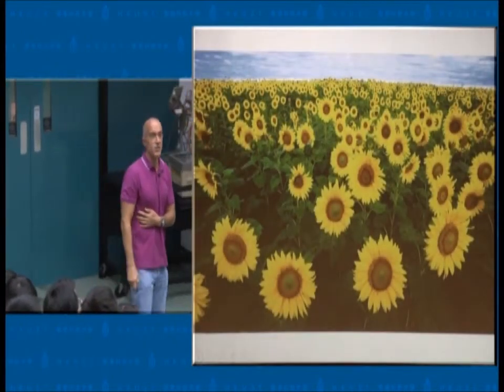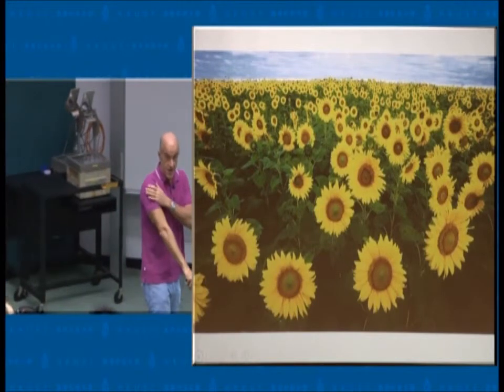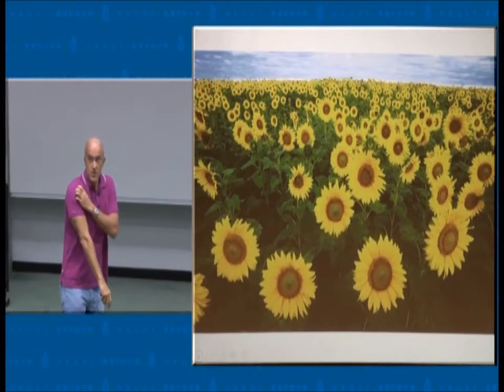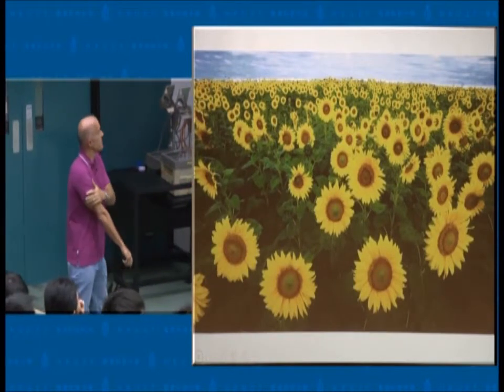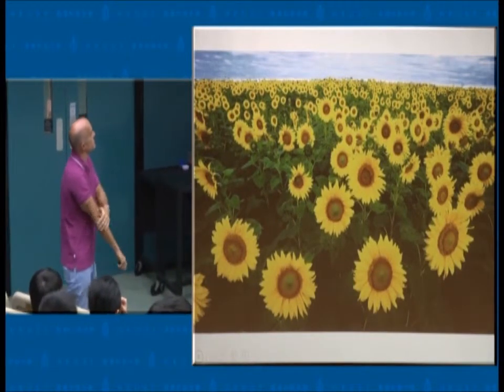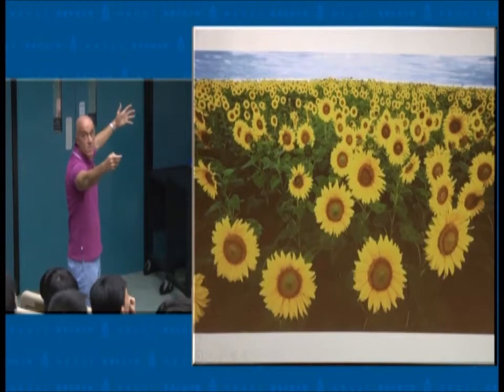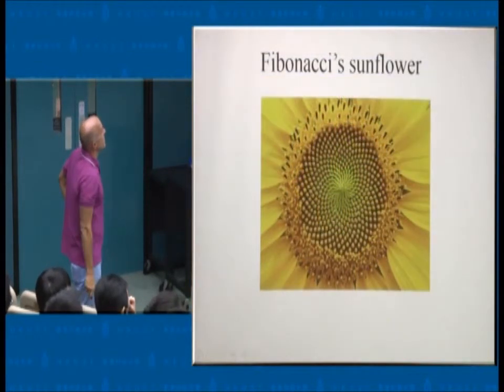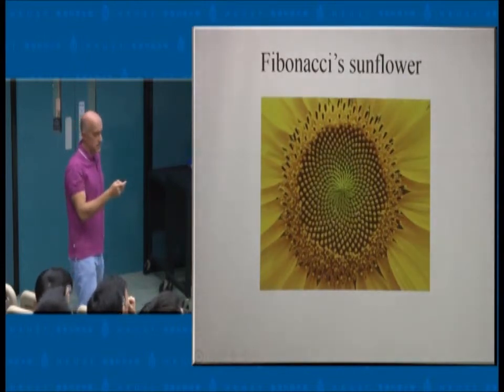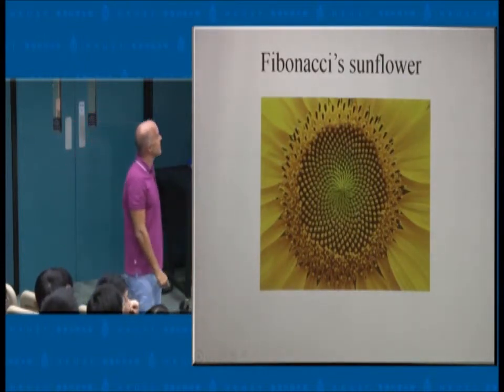So we need to know that to understand the sunflower. So this is the sunflower, right? This is a field of sunflowers. Those are the very big flowers, right? OK, so here's a Fibonacci sunflower. This is the head.